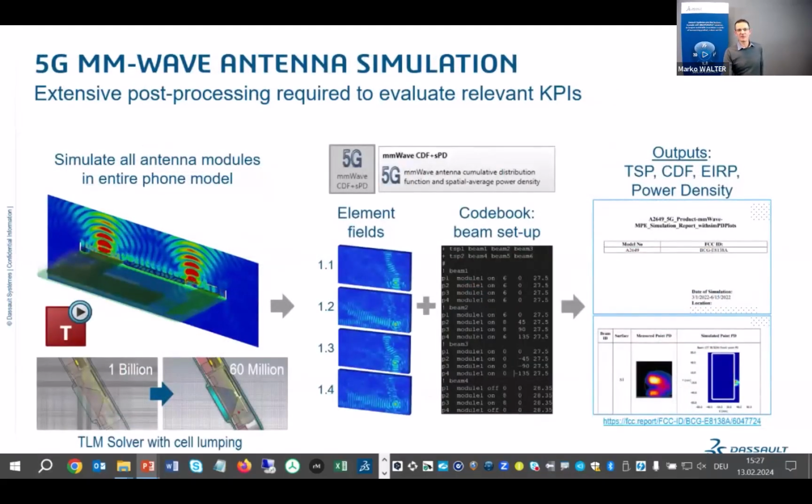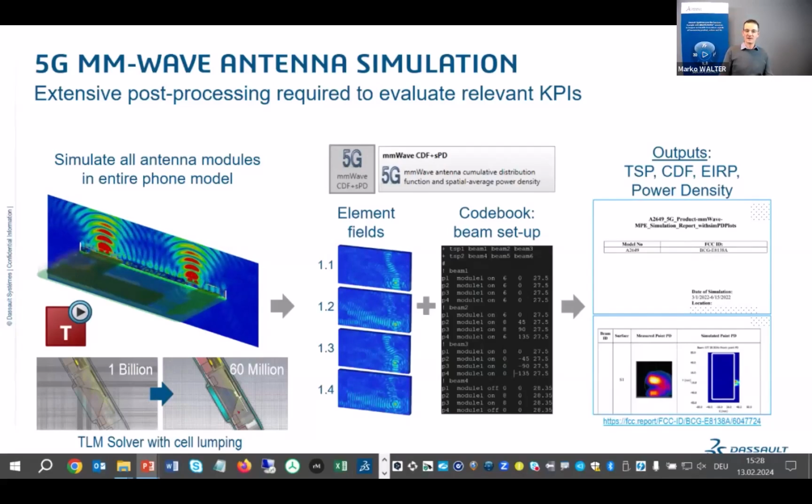Now, for any antenna or communication system, we're often interested in specific performance indicators, which reflect how well those antennas or systems are going to work. So post-processing is a really important way to directly obtain those KPIs, those key performance indicators. That can be different for different applications, but specifically for 5G millimeter wave antenna design, an important antenna design topic at the moment, we have some nice functionality which we've introduced, which makes the evaluation and the processing of these antennas easier.